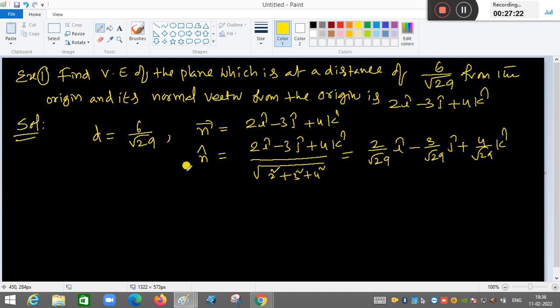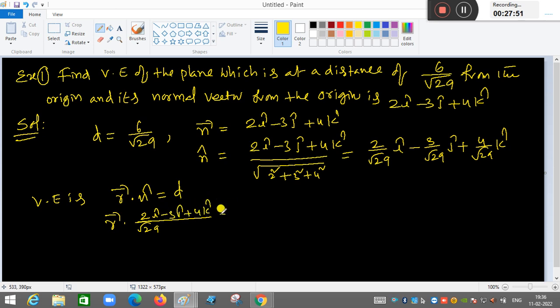This is n cap. Now write, see, the vector equation is r bar dot n cap equal to d. So r bar dot n cap is 1 by root of 29 times (2i minus 3j plus 4k) equal to d, which is already given.